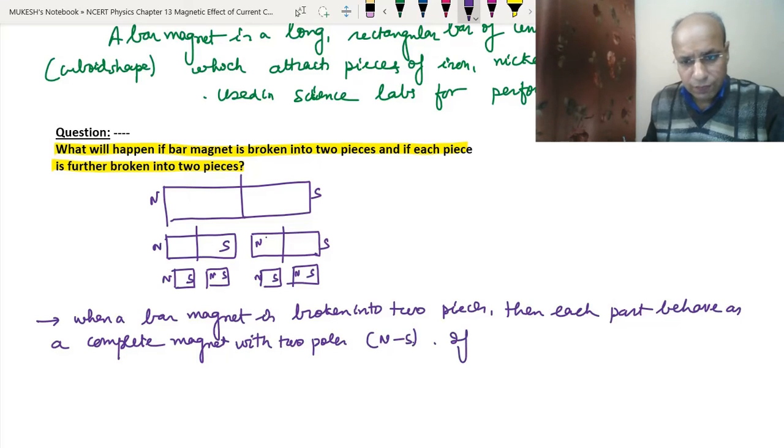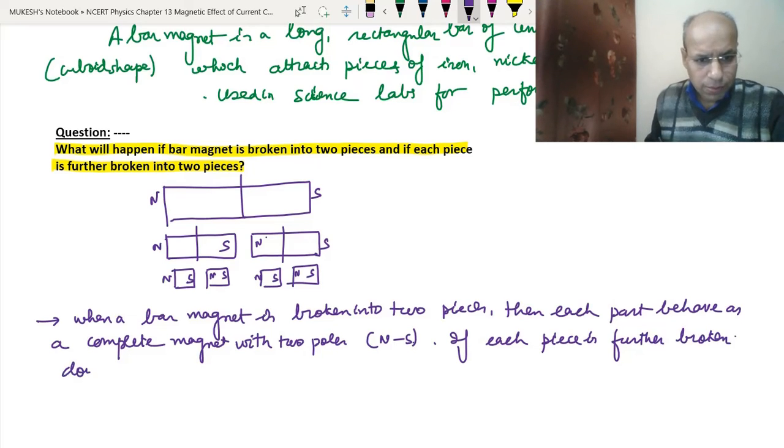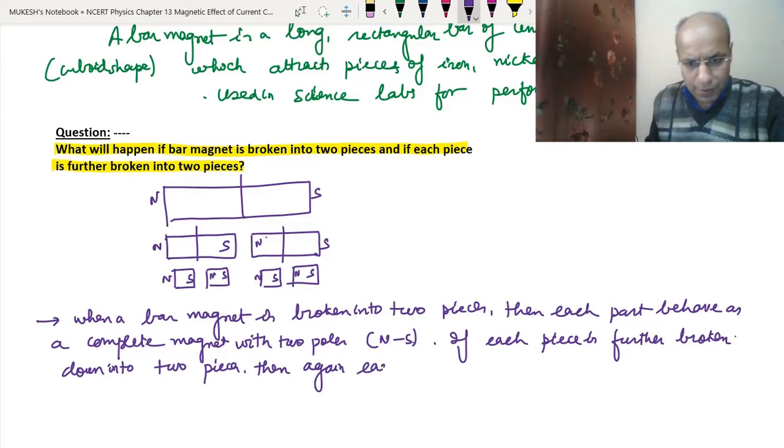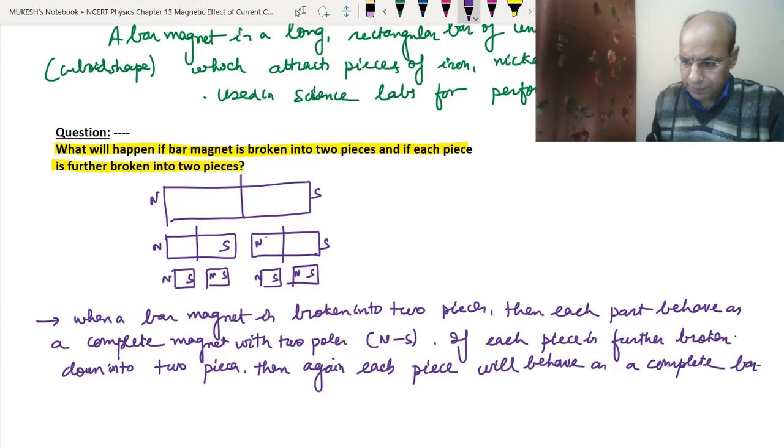Okay, if each piece is further broken down into two pieces, then again each piece will behave as a complete bar magnet with two poles.